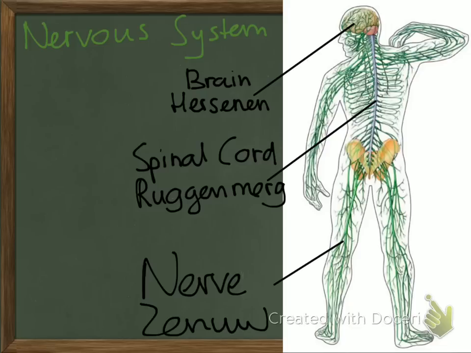And because your spinal cord only runs through your back, through your spine, the nerves are actually the ones placed throughout your whole body, in your fingertip, for example, or the tip of your toe. There you would find a nerve. And in Dutch, this is zenuw. Spinal cord, spinal, spine, ruggen.